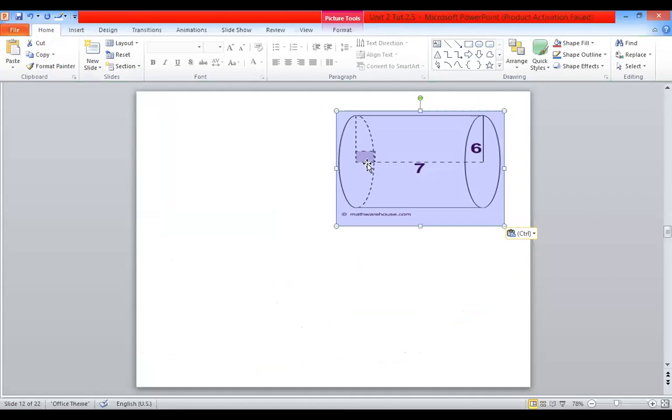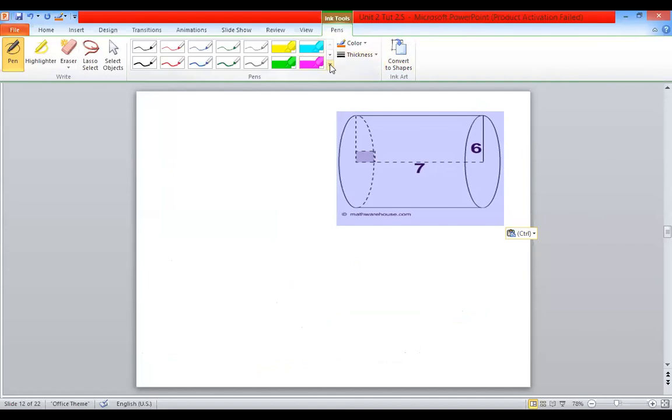Okay, now tell me the answer. Surface area is 264 centimeter square.